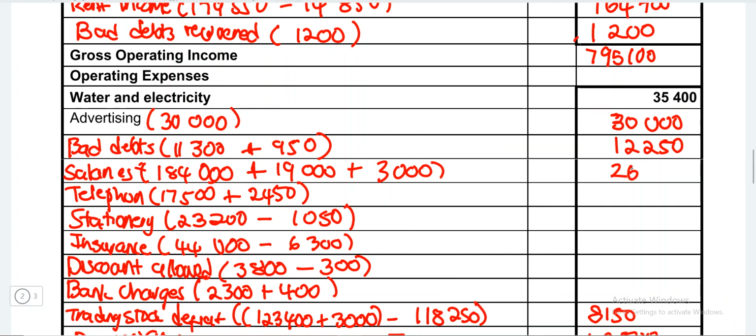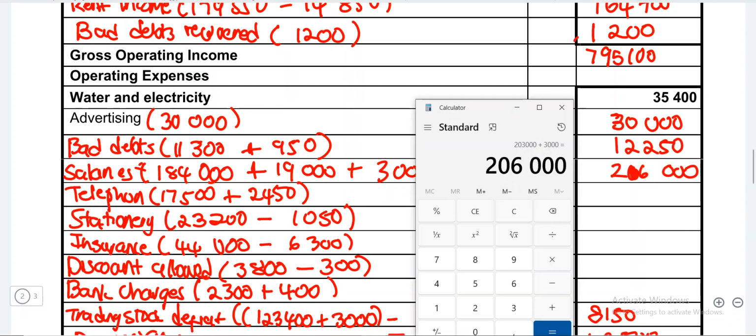So the total here will be 206,000, and then from there we would say 17,500 plus 2,450, it is giving us 19,950.